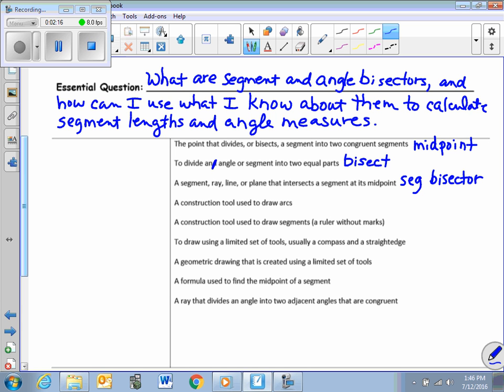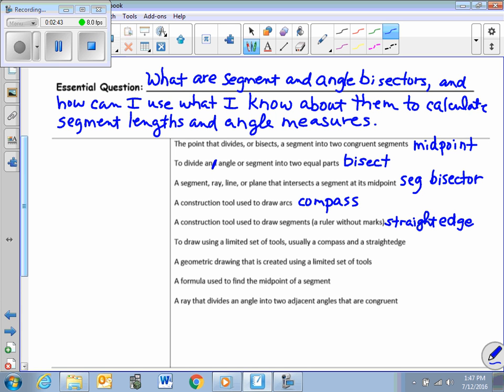What is the construction tool that's used to draw arcs? We don't use a protractor for that. We use a compass to draw arcs. The tool that we use to draw segments, yeah, it's a ruler, but we're not going to use a ruler that actually has the measurements on it. We're going to use just a straight edge.